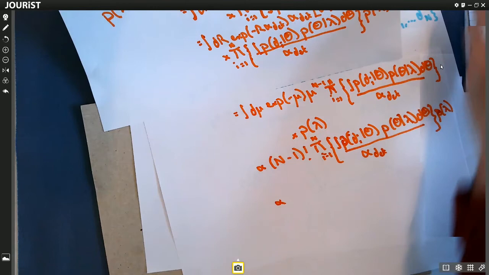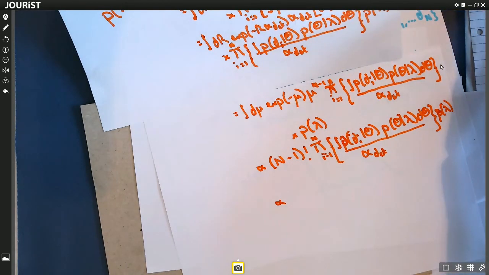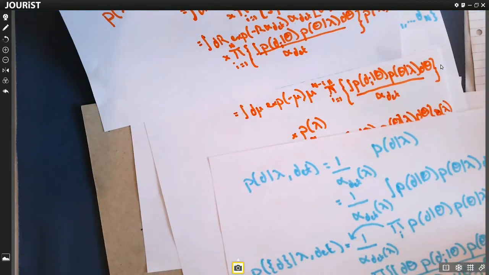What is this term? Well, this is what we just worked out a really long time ago. It's just our standard detection likelihood.